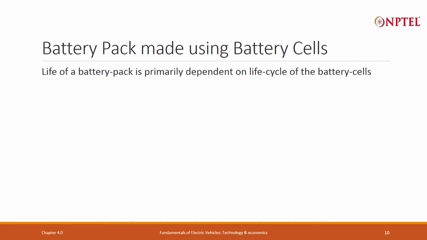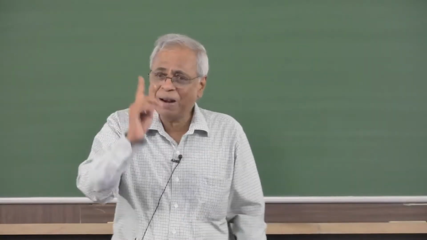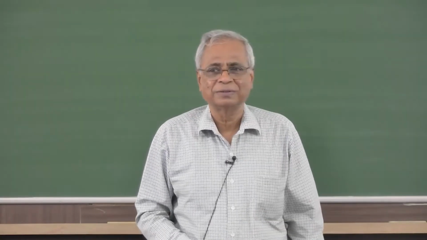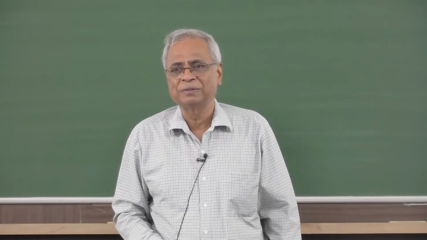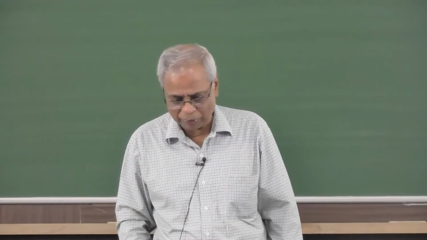Then I talked about how a battery pack is made using battery cells. I am revising what I had done in the last class. The life of a battery pack is primarily dependent on the cycle life of a cell. So, every cell matters. If there are 100 cells that go to assemble a battery, and one cell goes lower, the whole battery pack goes lower.